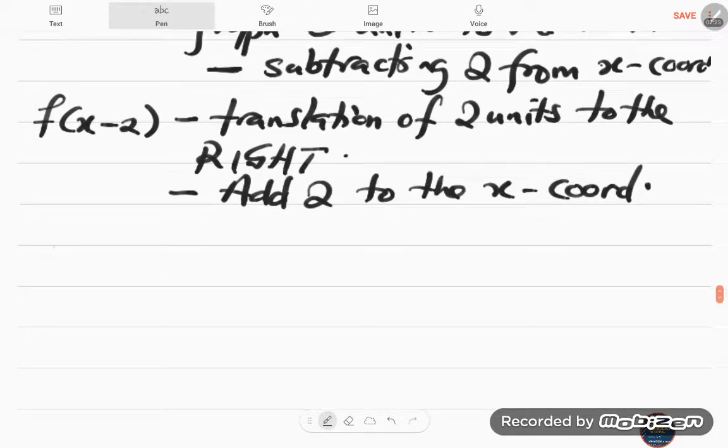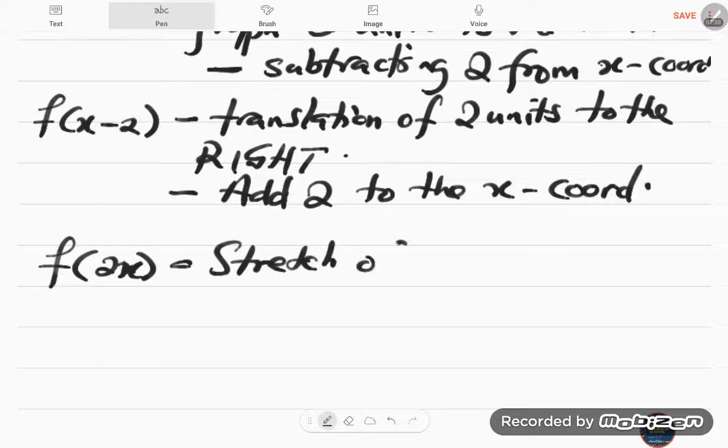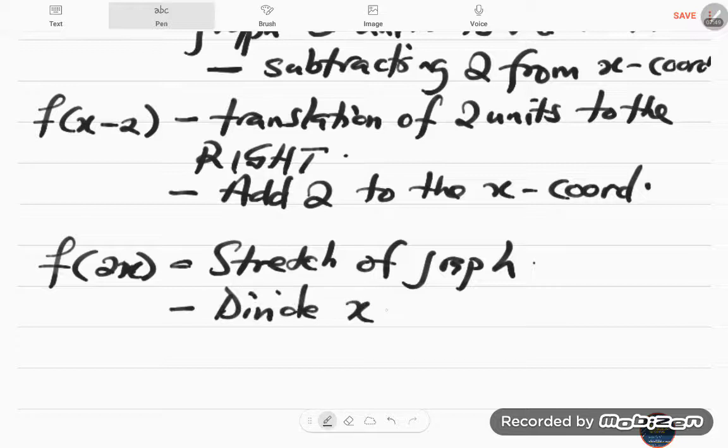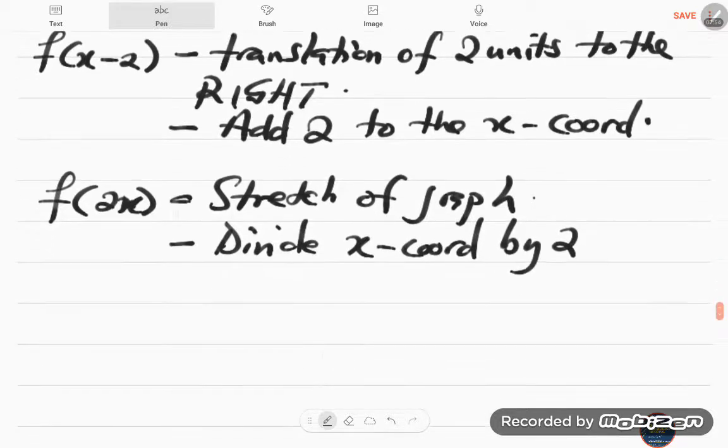Proceeding, we have f of 2x, again because it's inside the bracket, the effect is going to be opposite. This one, because it's multiplication, is going to be a stretch of the graph. But what kind of stretch? Okay, because it's opposite, my apologies. Divide x coordinates by 2.